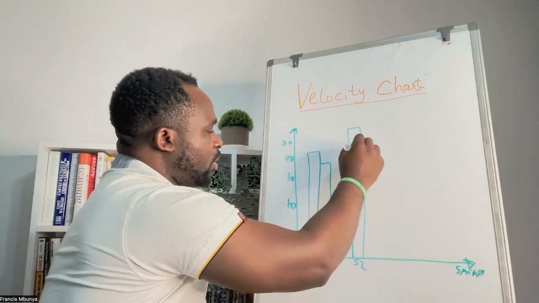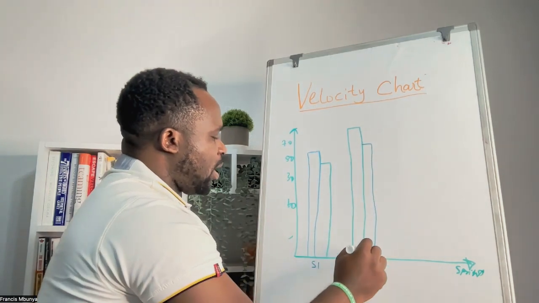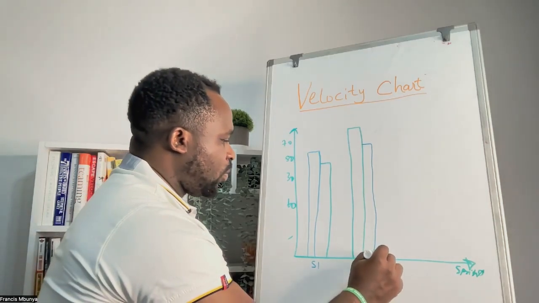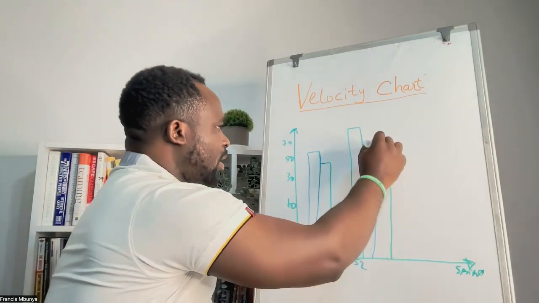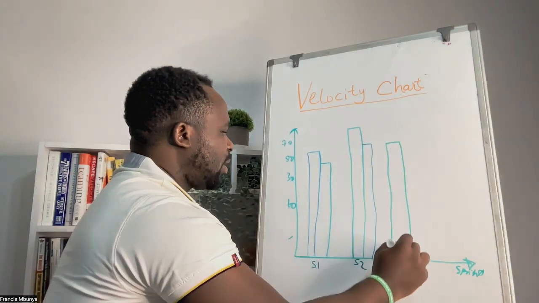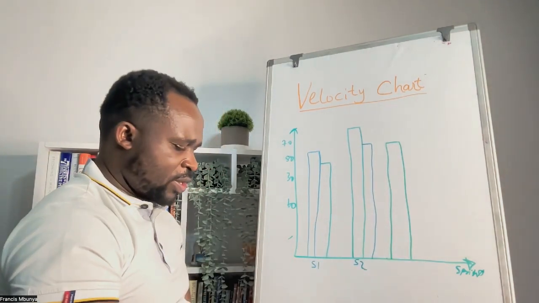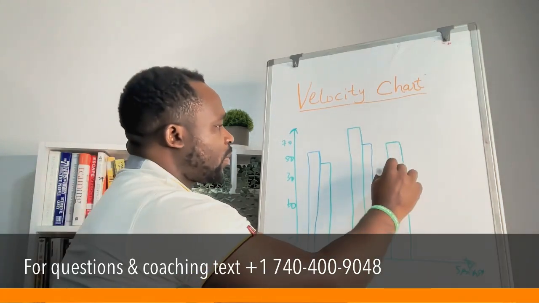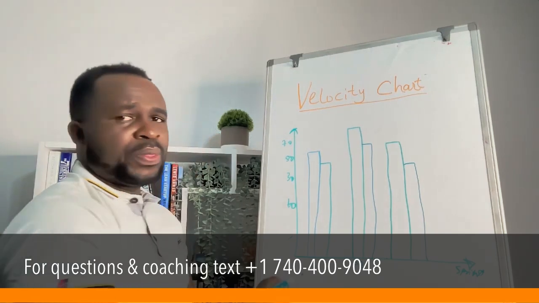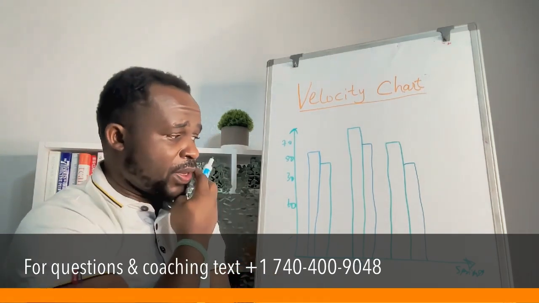I just want to do some illustration here. On sprint 3, we commit to, let's say, about 51 right here, and we finish about, let's say, 30. Now, these are 3 different sprints.